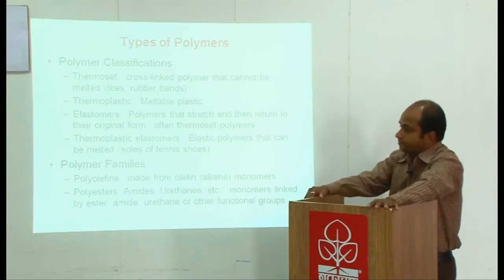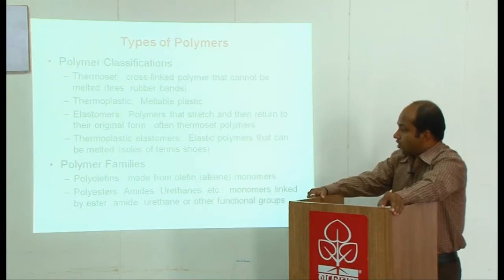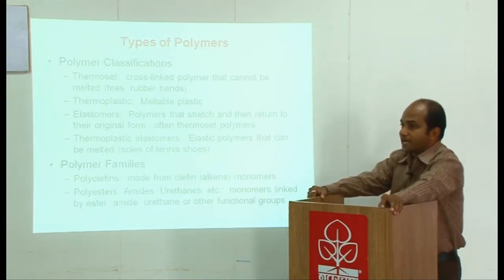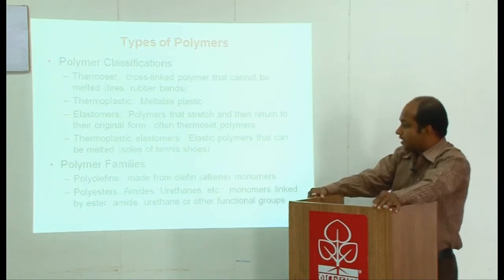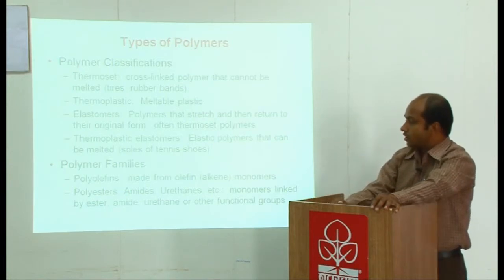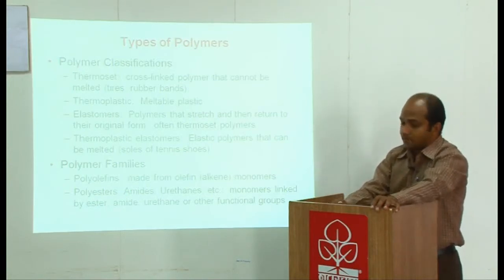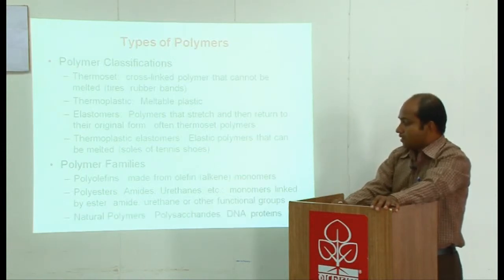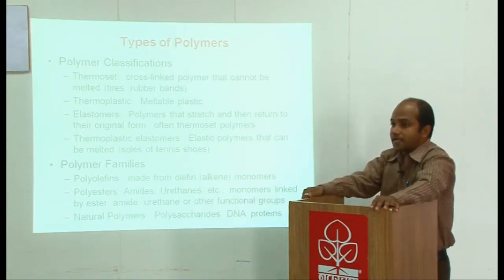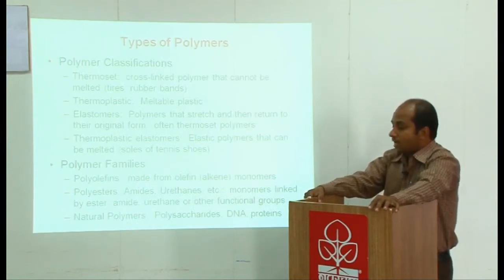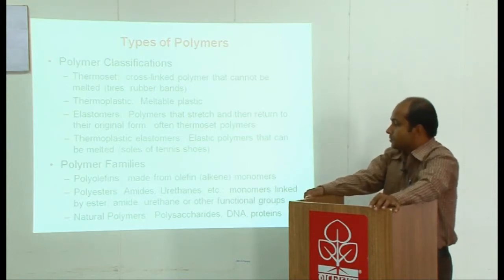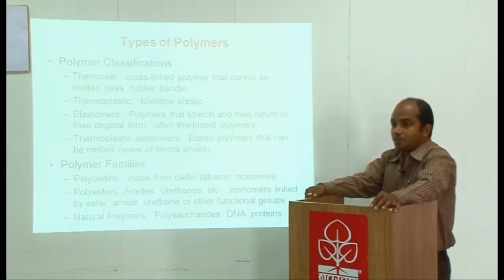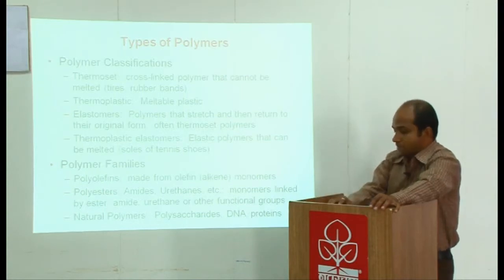So depending on the type of monomers, or sometimes even on the type of reaction or the linkages that are formed, like the ester linkage, amide linkage, urethane linkage, or on the basis of the functional group, polymers can be classified. More importantly, nature has its own macromolecules, also known as biomolecules, or in the chemical sense, the polymers. So the natural polymers, the examples are polysaccharides, deoxyribonucleic acid, proteins, etc.